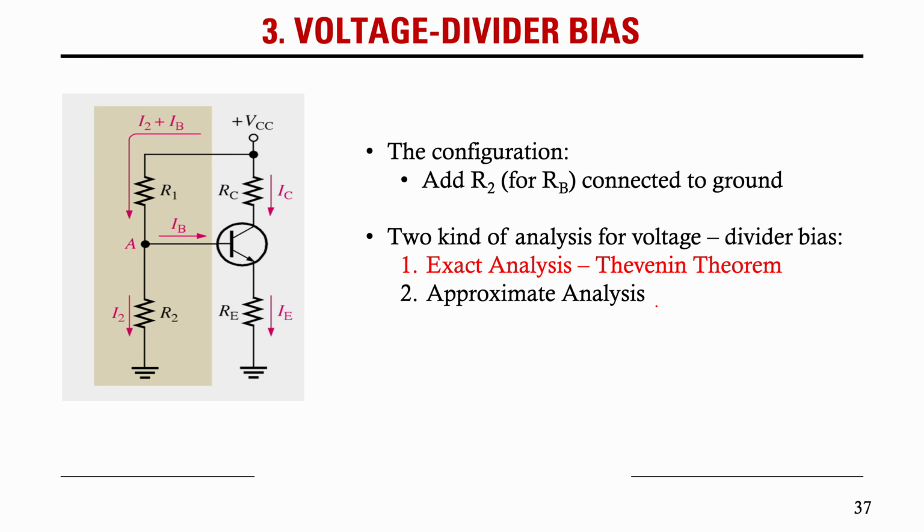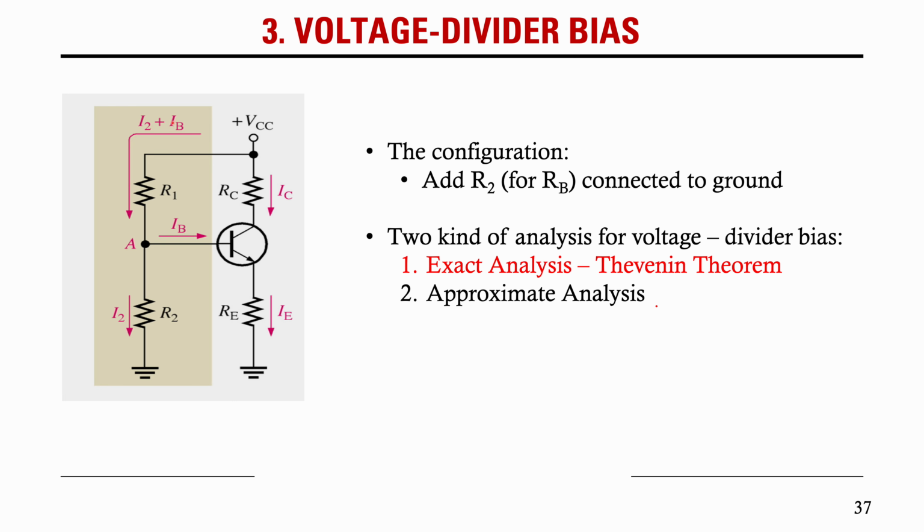Next, let's look at what the configurations are. To know what a voltage divider is is very easy. At the base there are two resistors connected in parallel. One resistor will be connected to the power supply, which is VCC, and the other resistor will be connected to ground.